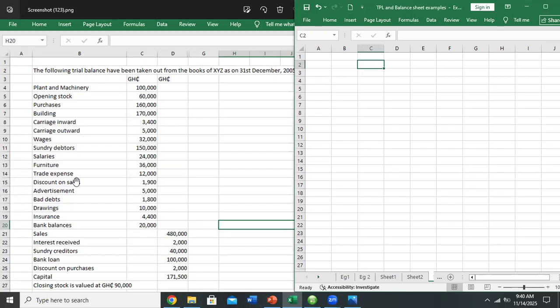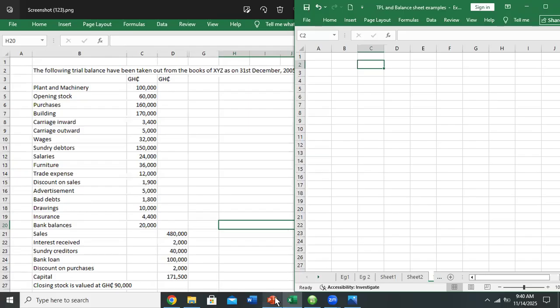So here we're given the trial balance of XYZ for 31st December 2005. And so as you come through, you see a lot of items here from fixed asset like plant and machinery, information about stock, purchases, building, carriage out, wages, sundry debtors, salaries, furniture, trade expense, advertisement, bad debt, drawings, insurance, bank balances, sales, interest received, creditors, bank loan, discount on purchases.